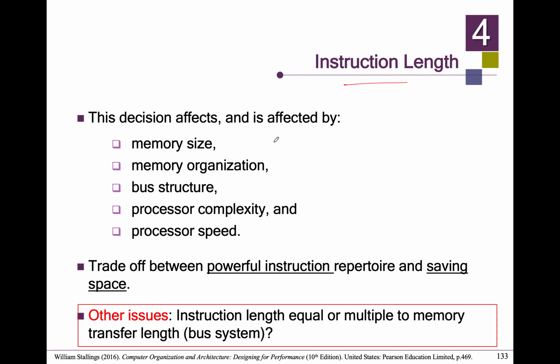This decision is affected by memory size, of course, memory organization, bus structures, processor complexity, and lastly processor speed. There is a trade-off between a powerful instruction repertoire and saving space.